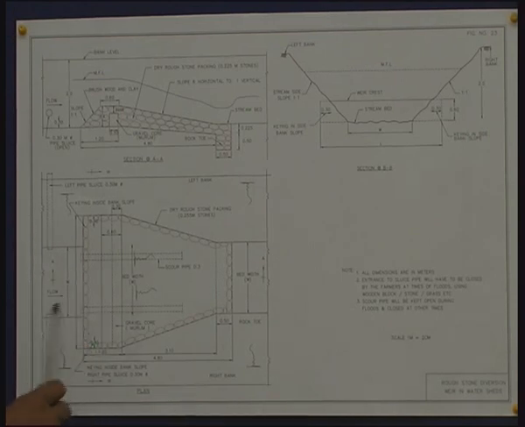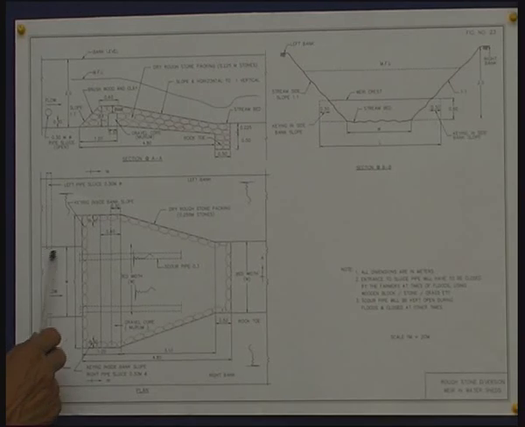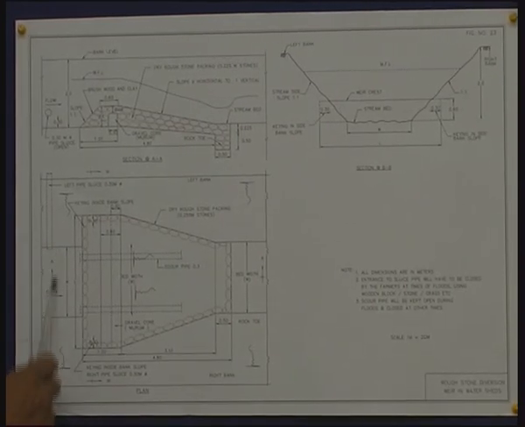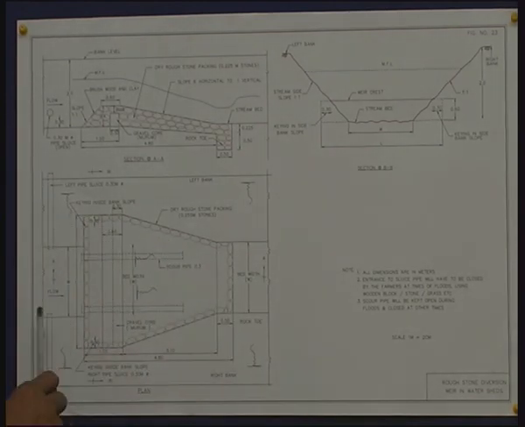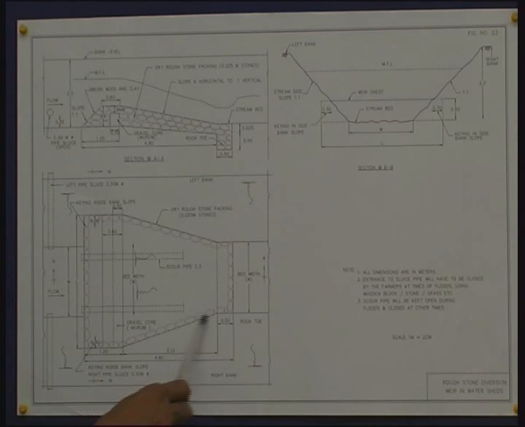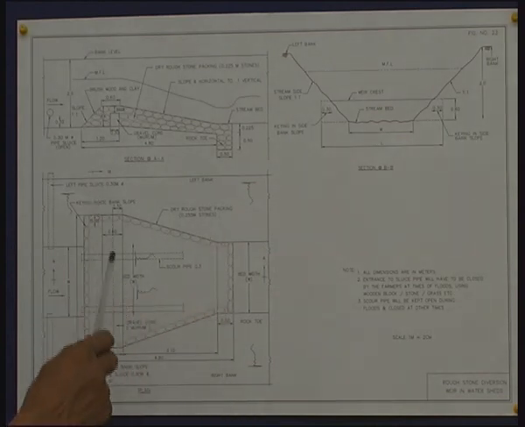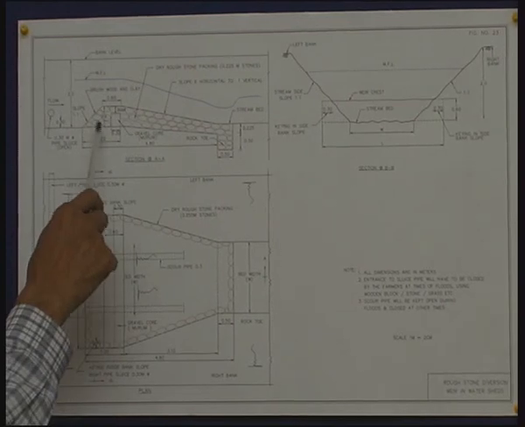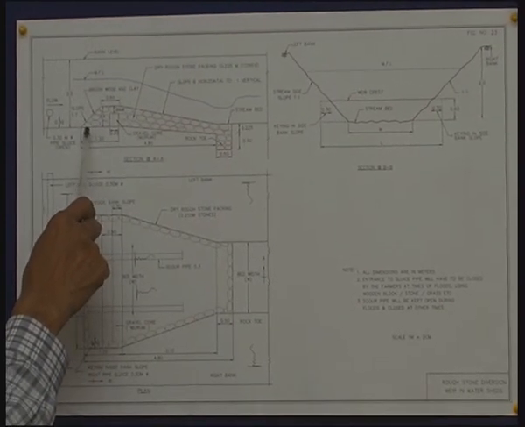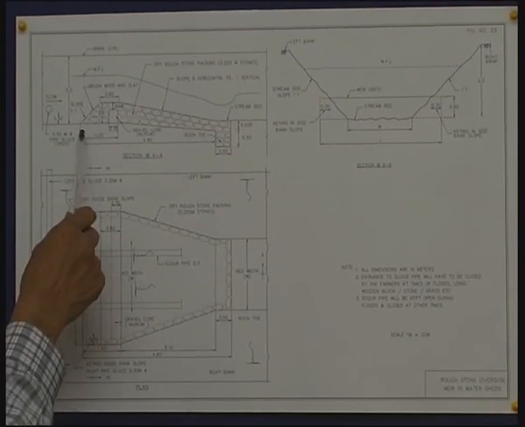This is the stream course having a width of W. So the stream is flowing like this, and across the stream a structure like this is constructed with rubble stone without the usage of sand or cement, and this structure would appear like this in the cross section of the structure.